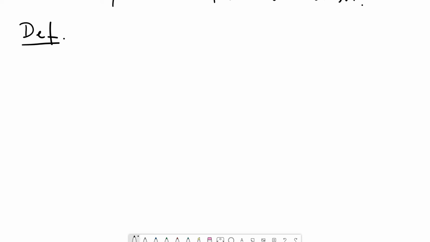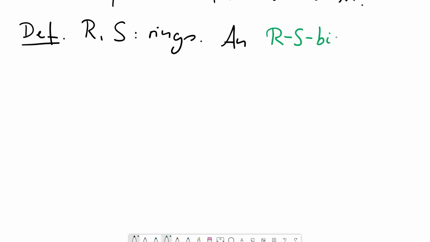So if I want to define a bimodule, I need to have two rings available, so call the second one S. So R and S are supposed to be rings. And then we define an R-S-bimodule as, well, again, an abelian group, which then comes with actions of R and S from left and right.